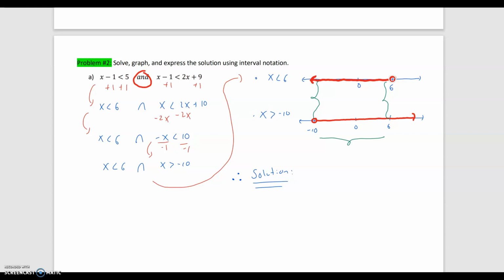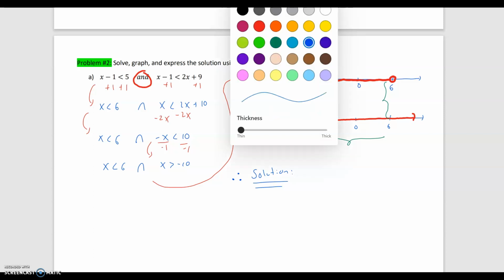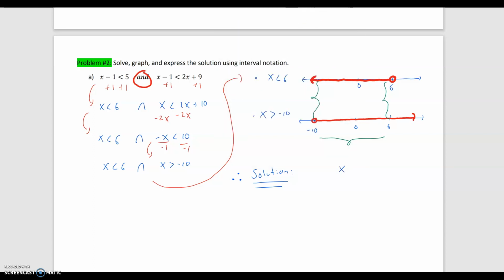The first one doesn't have any values after 6 because this is less than 6 and not including 6. And the second one, no values to the left. So the values that they're overlapping are going to be expressed as, well, technically X is less than, and we're not including 6, and we're not including negative 10. So we're looking at X is in between negative 10 and 6.